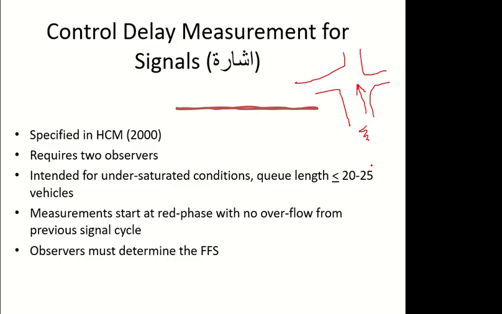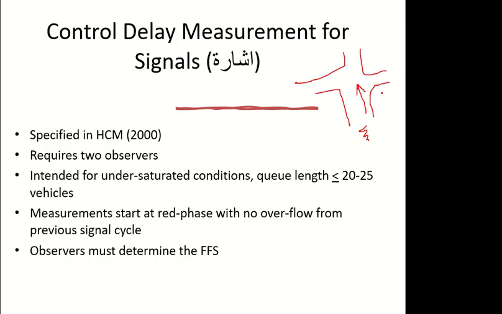So this is one method of doing it. The other method, which is more time consuming, is that you take free flow speed at the intersection itself, but you only take the samples of vehicles which approach during green without queue.